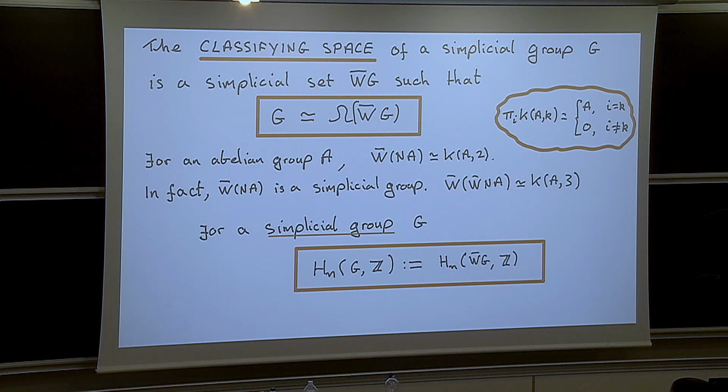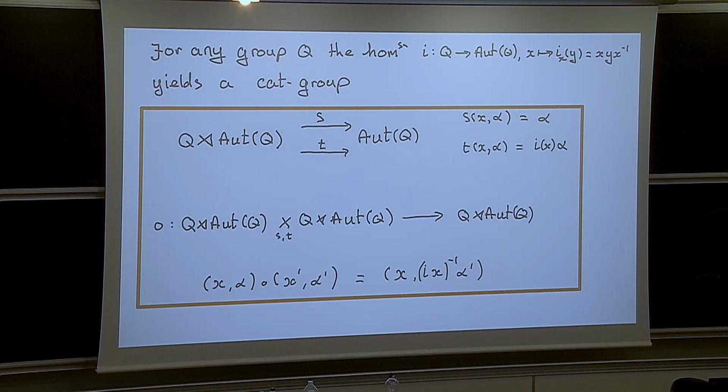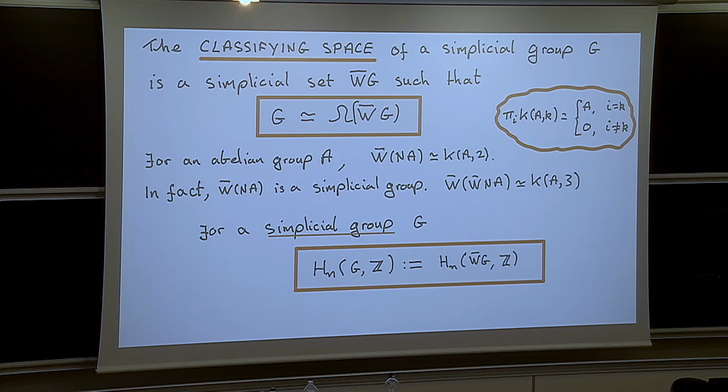I define the homology of the cat group as the homology of the classifying space of the nerve. So I've described a cat group, and I'm saying you can take its nerve. It's a category, so you can take its nerve, and you get a simplicial group. And then you can define the homology of that simplicial group to be the homology of this W bar of G, which I haven't described.